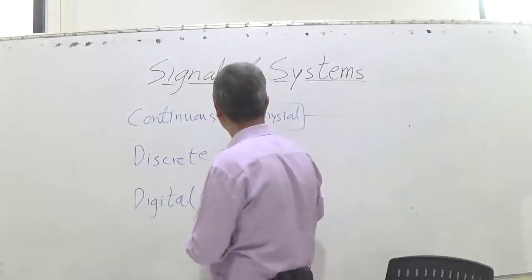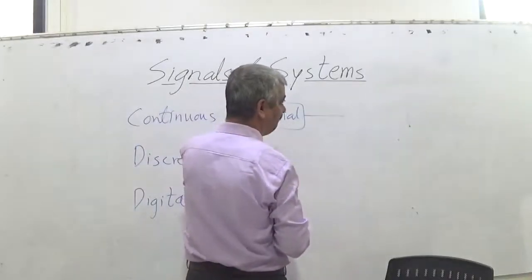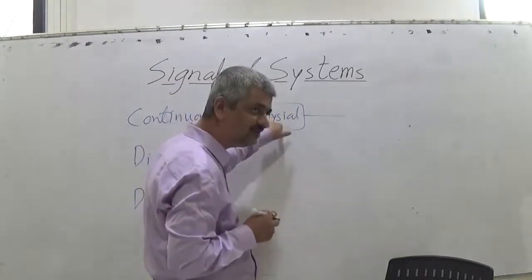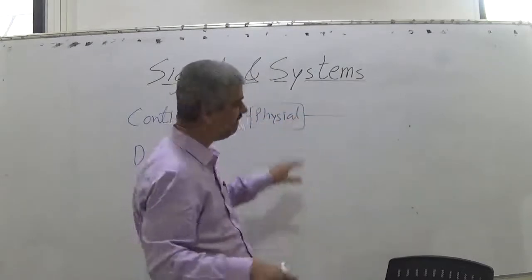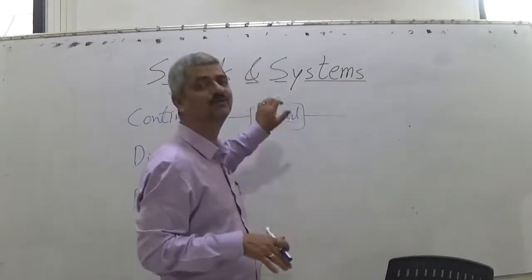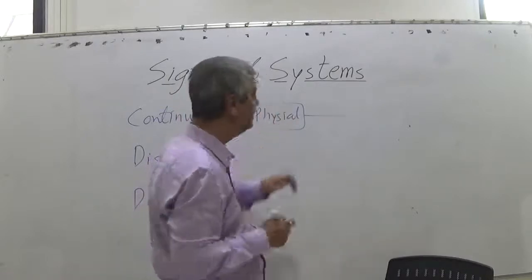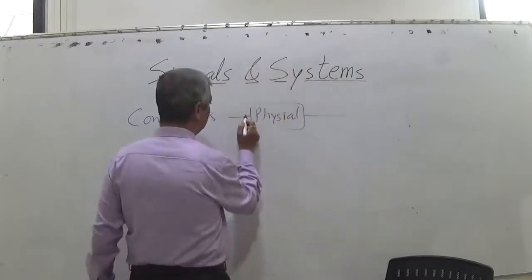So a continuous signal is given to a physical arrangement, maybe using some pulleys, valves, jacks, springs, or components like resistor, capacitor, inductor, amplifier, and the output is again a continuous signal. So what is a system?